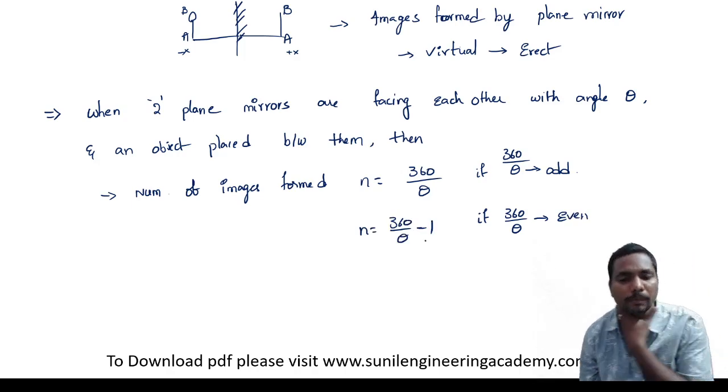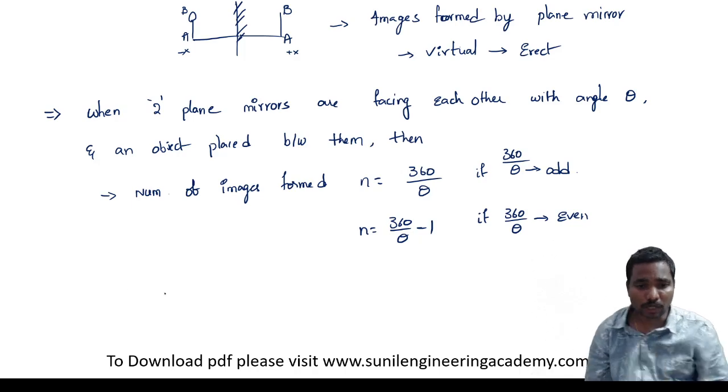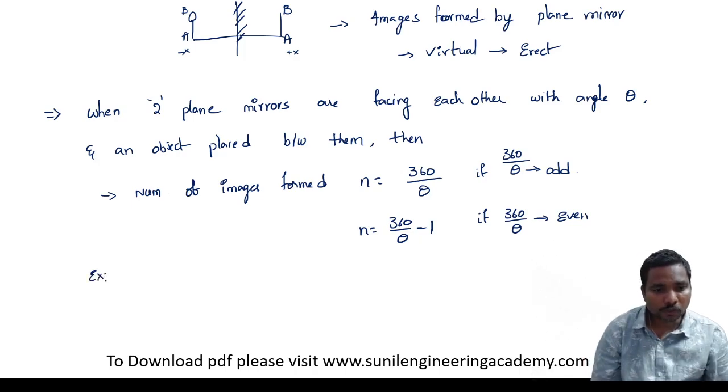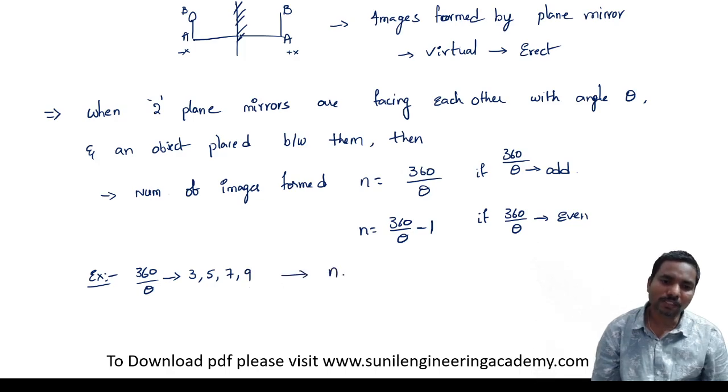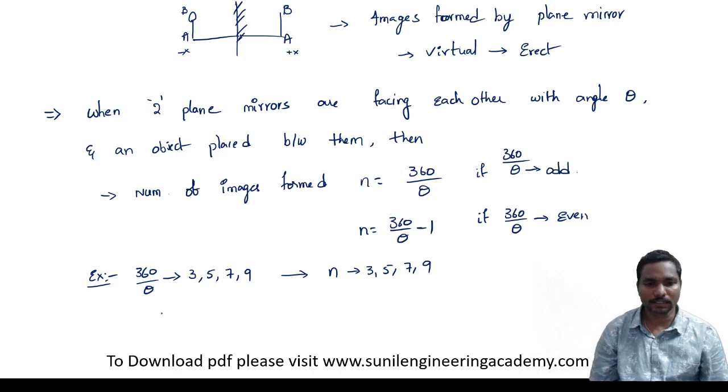That means we need to subtract 1. With examples you can understand. If 360 by theta value is odd, for example 3, 5, 7, 9, then the number of images formed is also the same, 3, 5, 7, 9.